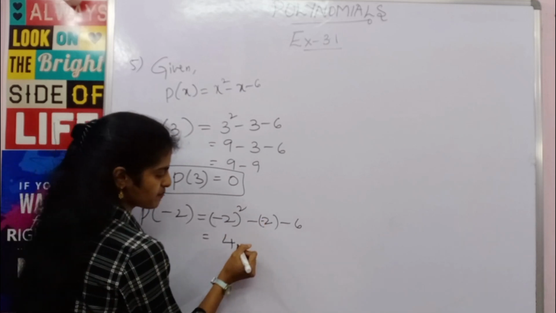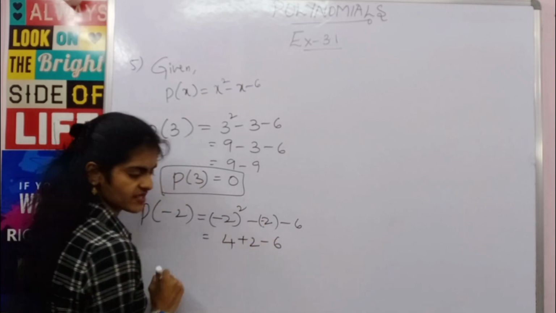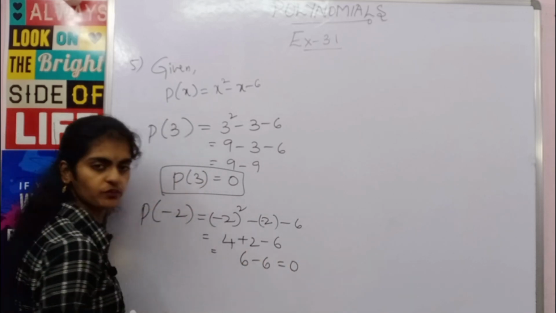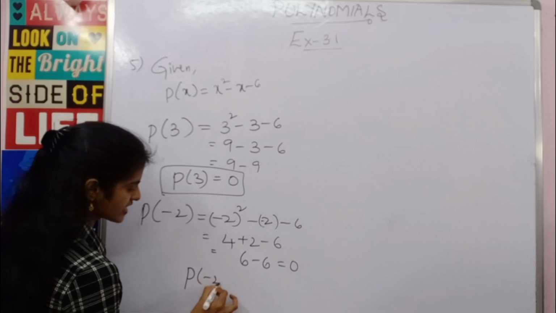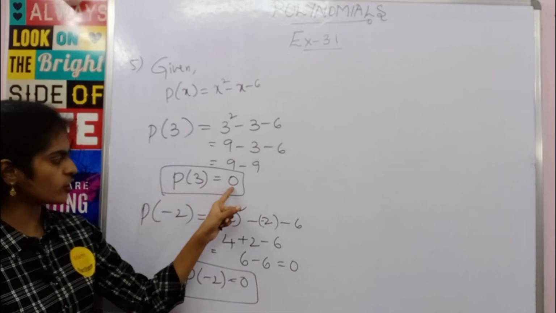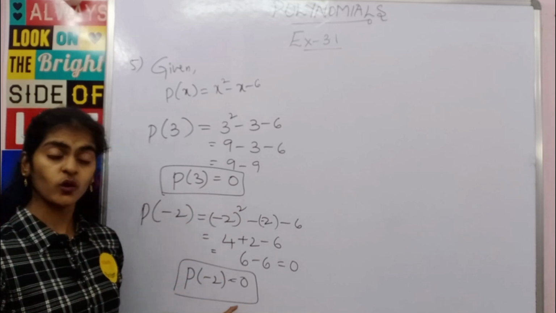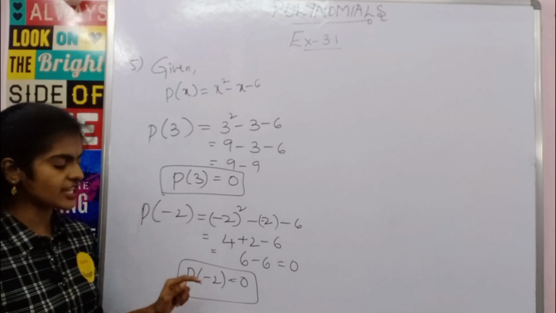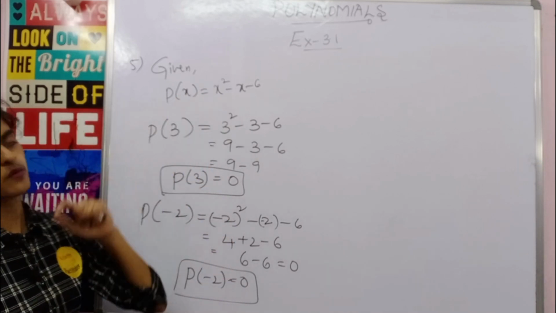Minus into minus is plus 2, minus 6. So 4 plus 2 is 6, minus 6. The answer is 0. So p of minus 2 you got as 0. Clear? So p of 3 is 0, p of minus 2 is 0. The value of the polynomial became 0, which means 3 and minus 2 are the zeros of this polynomial.